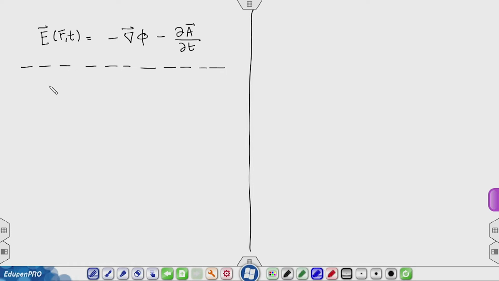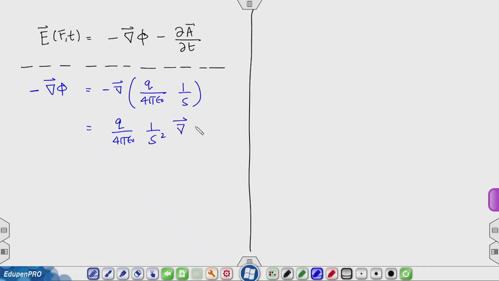We will calculate first grad of phi, the minus sign, which is grad of q over 4 pi epsilon 0 1 over s, which I can write as q over 4 pi epsilon 0 1 over s square grad of s.